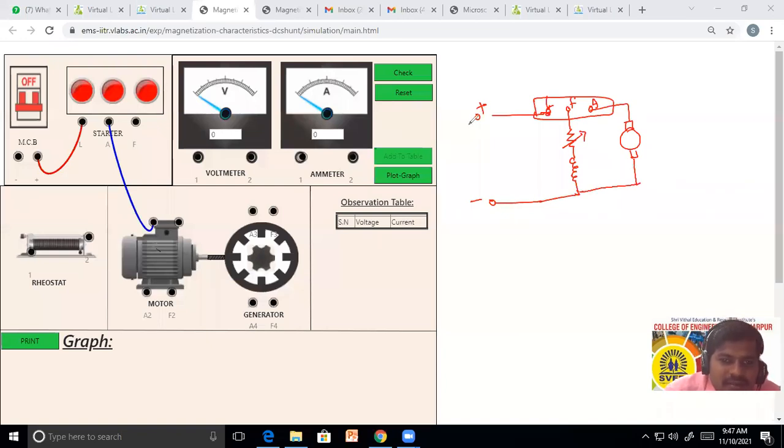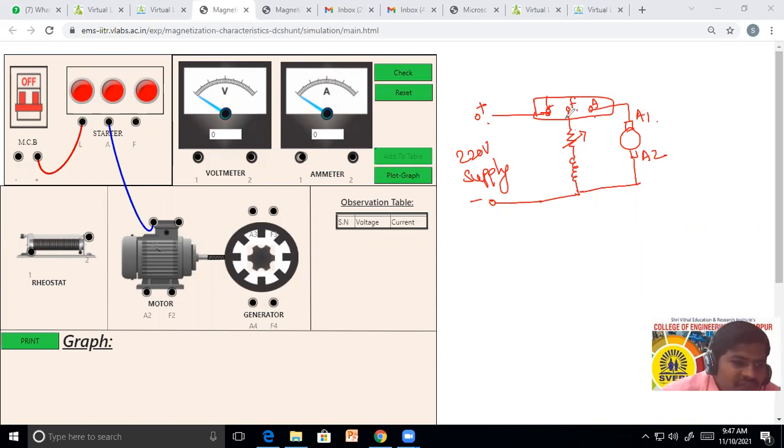See बघा, the positive terminal can be connected to the L, the positive terminal of the MCB, or it may be the supply. Suppose here a 220 volt supply is there, त्याचं जे काही positive terminal आहे ते L ला connect केलं. Now the armature terminal is connected to, here it is A1 terminal, here it is A2 terminal. Okay, now the armature terminal can be connected to A1.